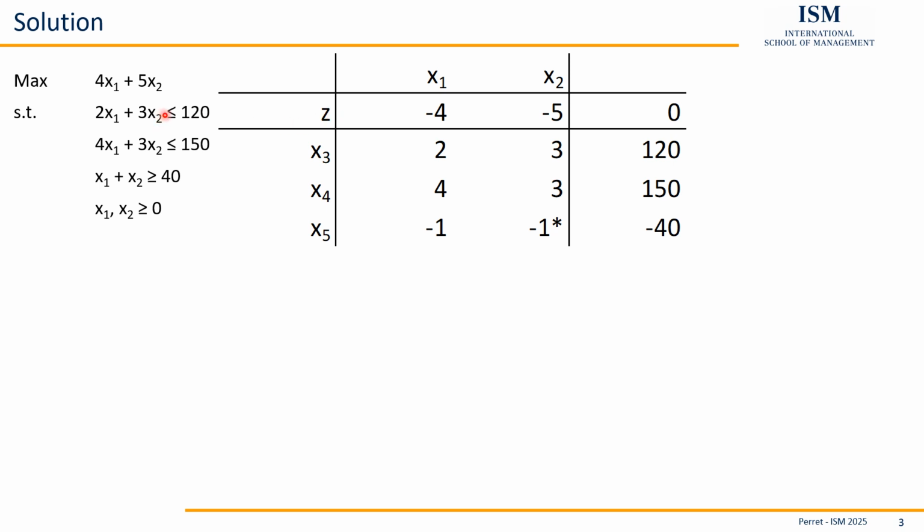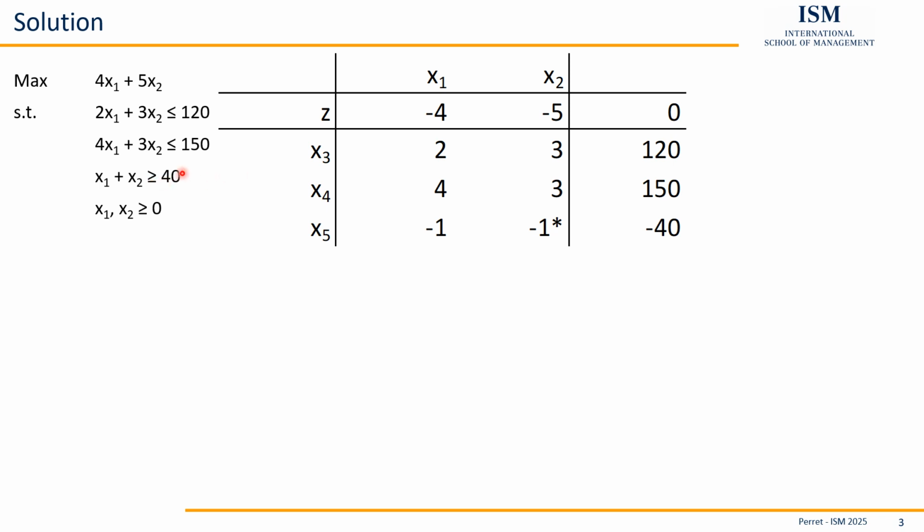Then for each of the constraints, we have to reform them so that they always read like the first two, as smaller or equal to constraints. So those two are no problem, but for the third one we need to make some adjustments. We're simply going to multiply the third constraint with -1, which will turn this inequality sign around. So we have -x1 minus x2 smaller or equal to -40.